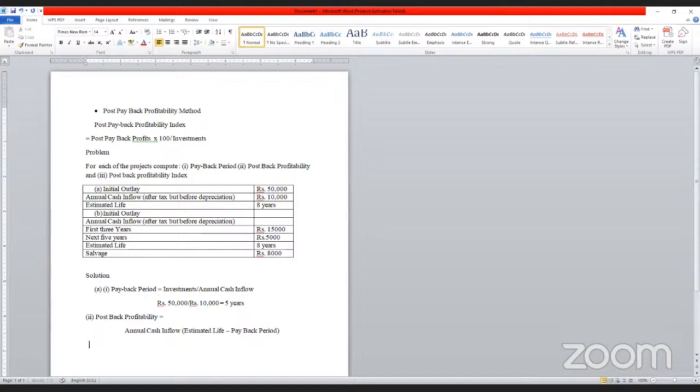So how much is annual cash inflow? Annual cash inflow is 10,000. Estimated life is 8 minus 5, right? So how much will you get? It will come to 10,000 into 3, so that is 30,000 rupees.